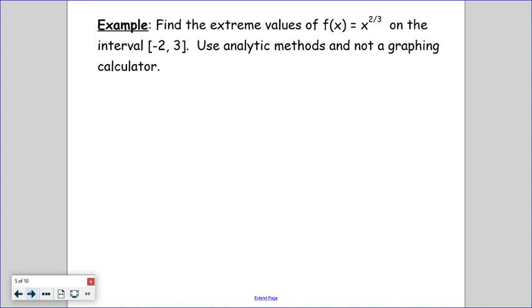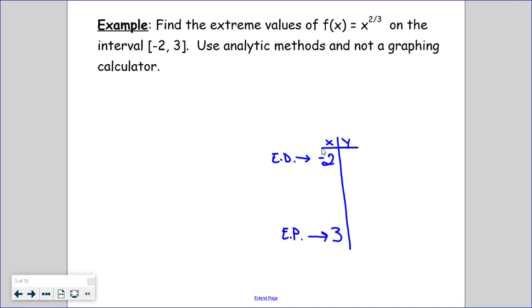If we look at this, it does give us an interval, so I'm going to eventually make a table of all of those different types of values. One of those would be my endpoint. So I have an endpoint of -2, and we're going to come back to this table in just a little bit. We have an endpoint of 3. And then we will also add to that list of possible locations of maxes and mins any critical points.